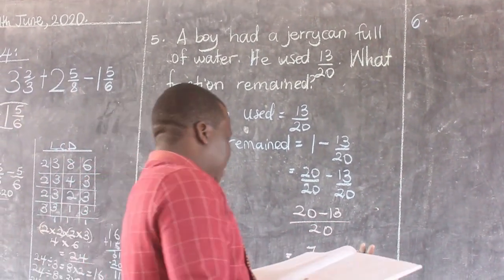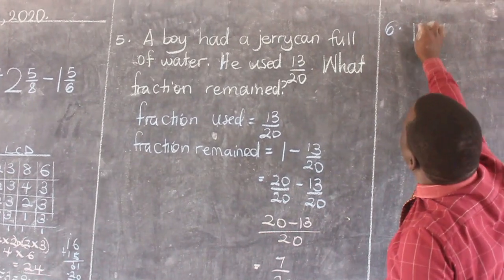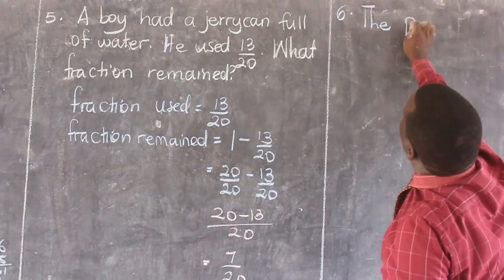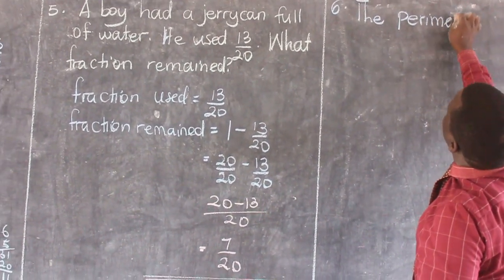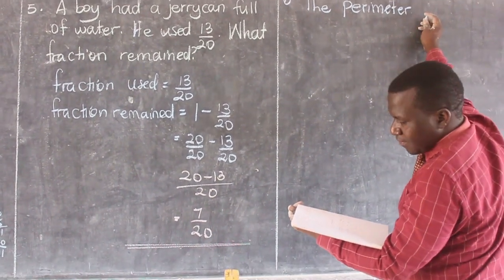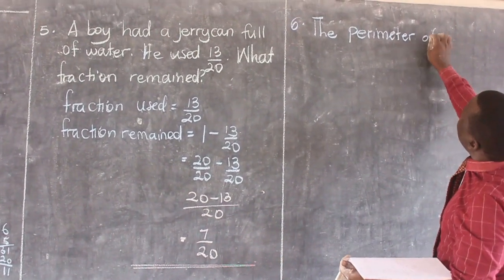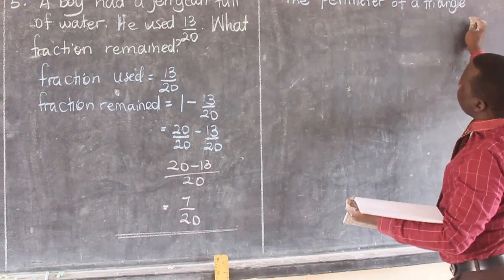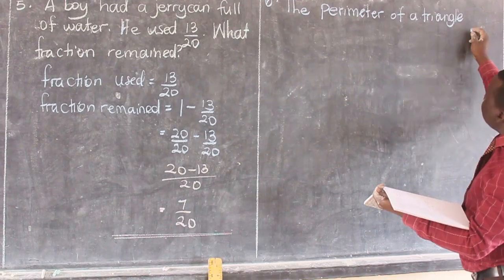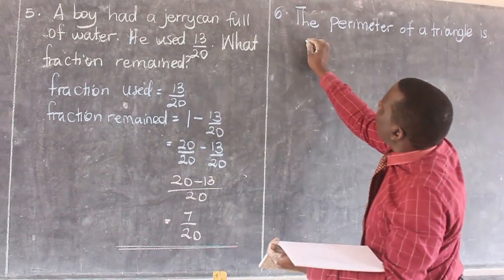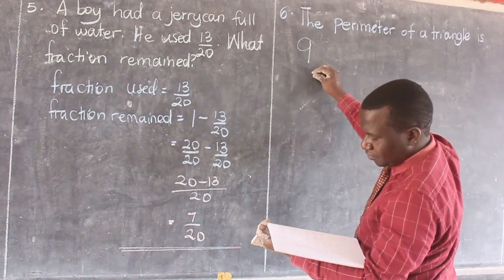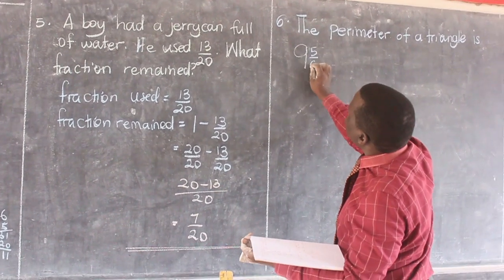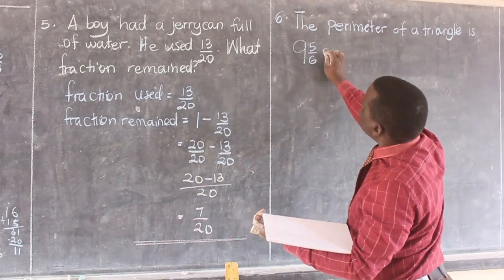In our example 6, they are saying the perimeter of a triangle. A perimeter of a triangle is 9 whole numbers, 5/6 centimeters.